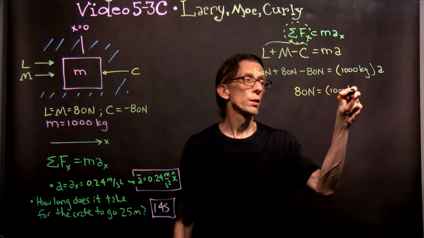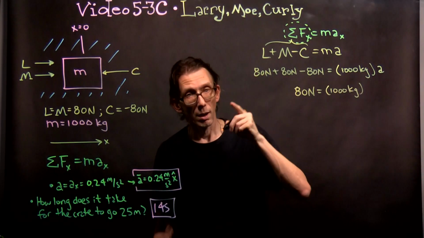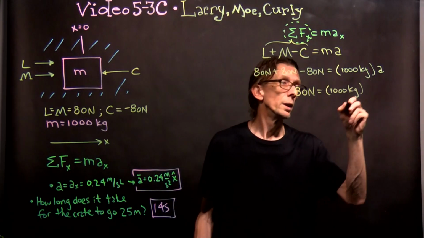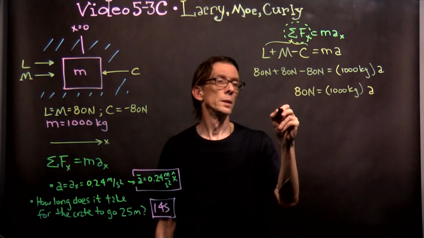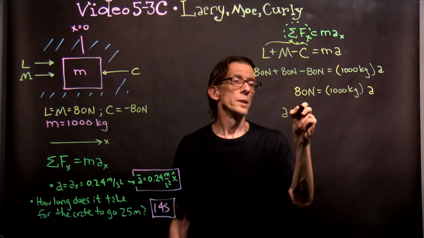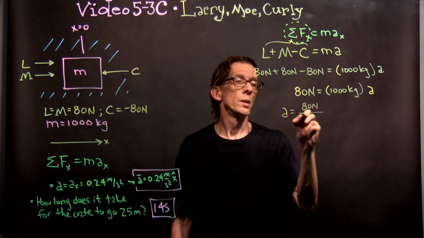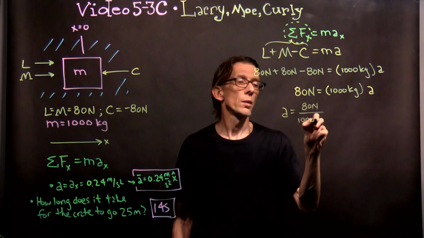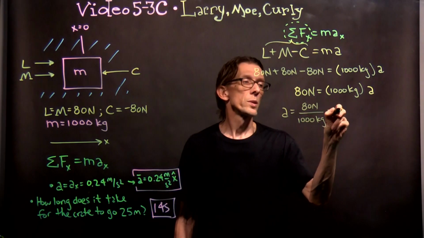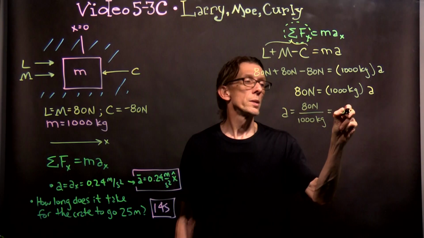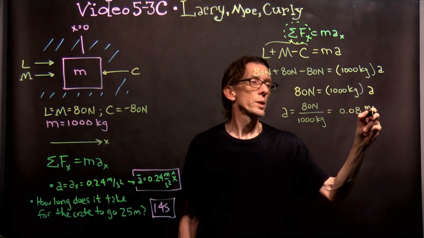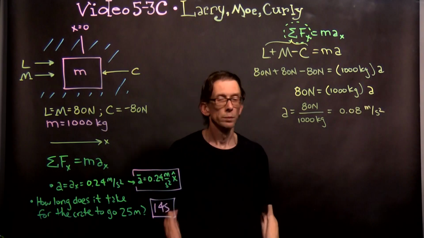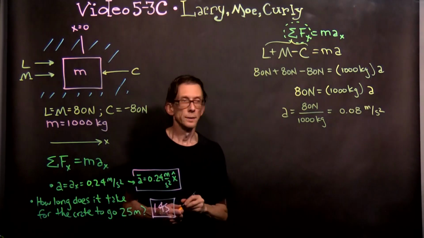By the way, 1,000 kilograms is known as a metric ton, times A. So A now is 80 newtons over 1,000 kilograms, which equals 0.08 meters per second squared.